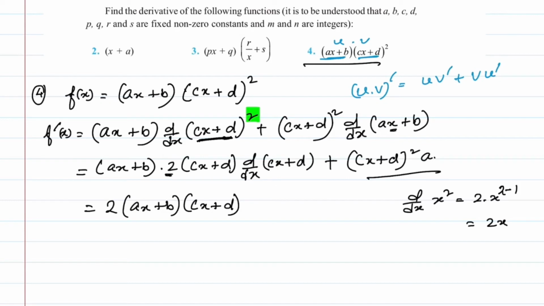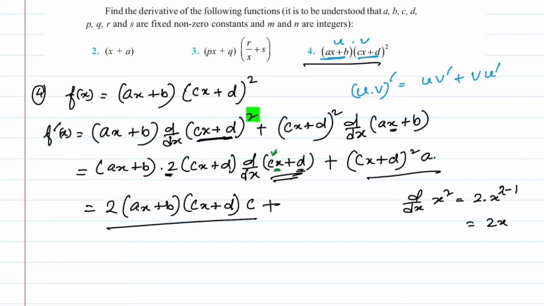So what will be the derivative of this term? Now as you can see, c is constant and the derivative of x is 1, so we will get c into 1, that is c, and the derivative of d is 0. So this is the derivative of this whole thing.